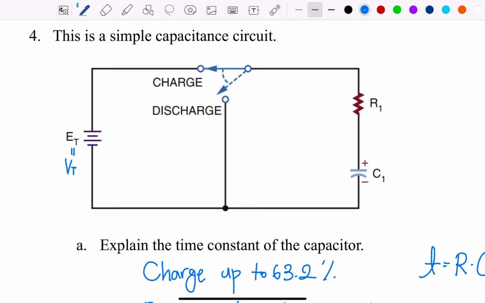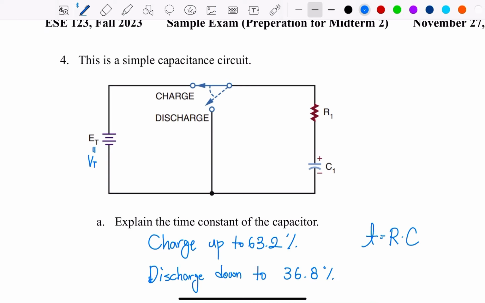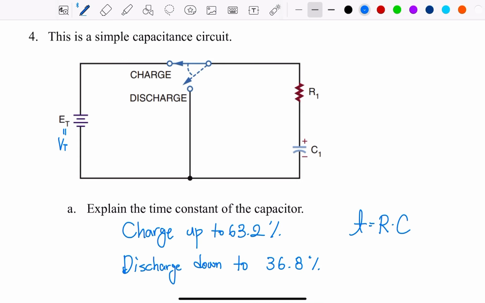So E(t) also means the voltage. In the United States, we use E to represent the voltage, so actually E and V have the same meaning in the circuit. That's not the important thing.